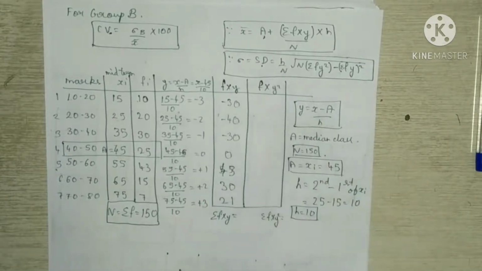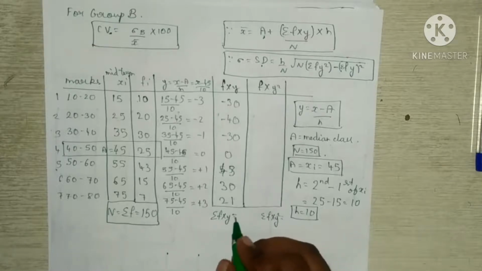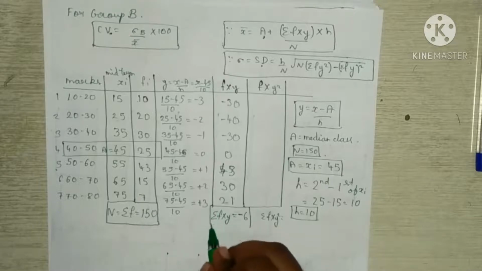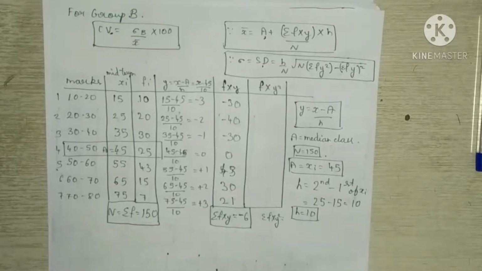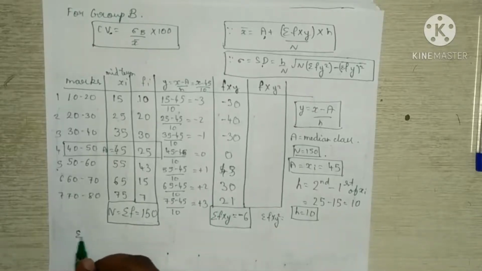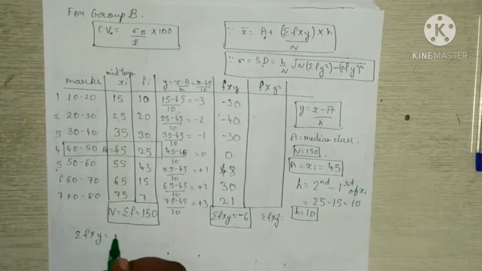Okay, add everything, and you'll get summation of f into y is equal to minus 6.